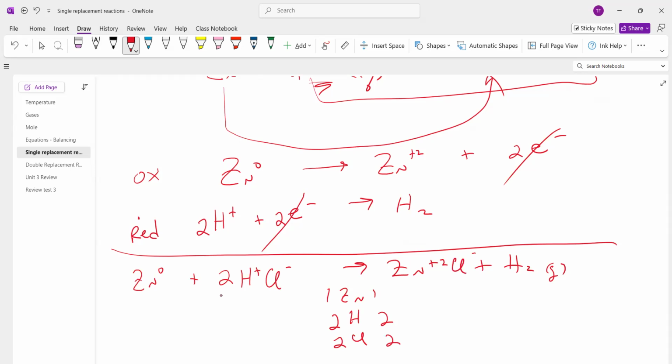Now notice something here. Cl is -1. Zinc is +2. Is that a net zero? Nope, it's not. We need 2 Cl's, 2 -1s to balance the +2. So it's not zinc chloride, it's ZnCl2. 2 of them balance it out.